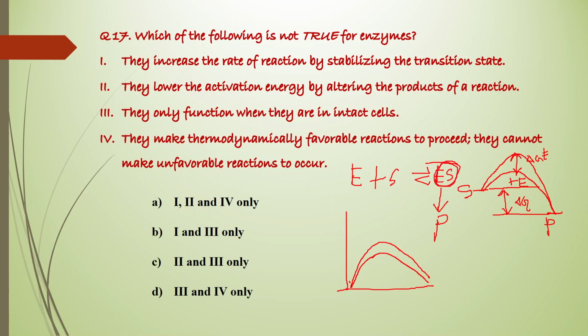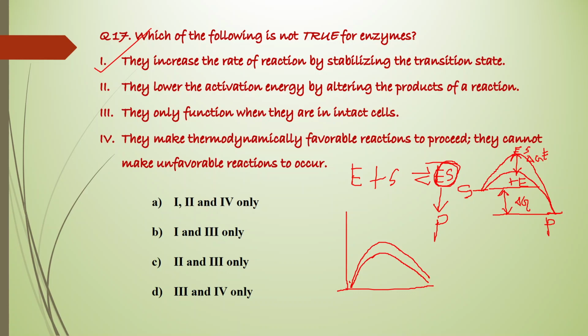The work of the enzyme is to decrease the activation energy that is required to get to this transition state. They basically lower this activation energy. That's why more substrate molecules can now move from the reactant side to the product side. So our statement 1 is the basis of enzymatic catalysis.